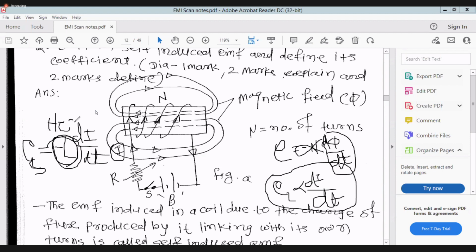It is also called an inductor, and therefore the coil is shown by the inductor letter L. So this is my inductor L.